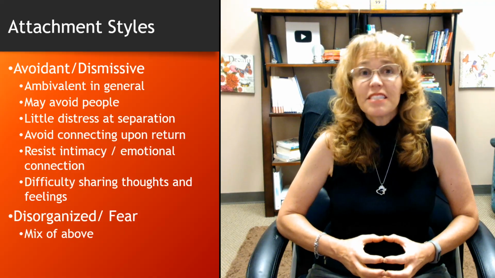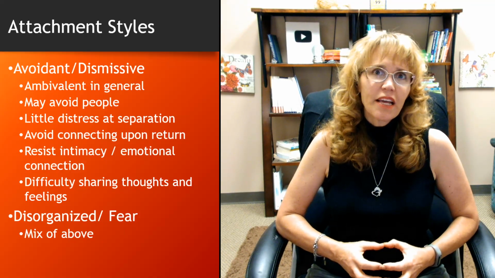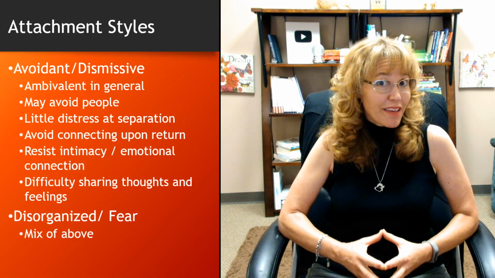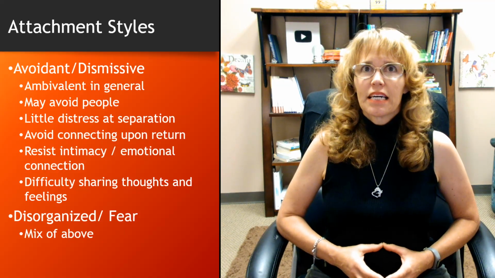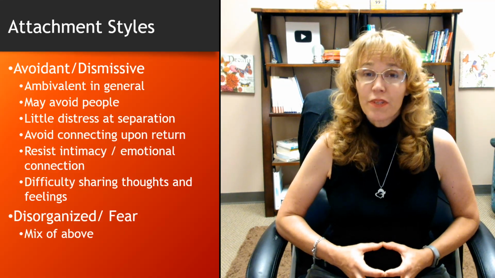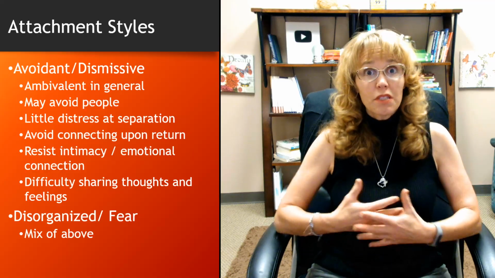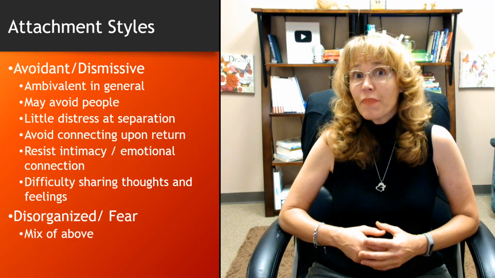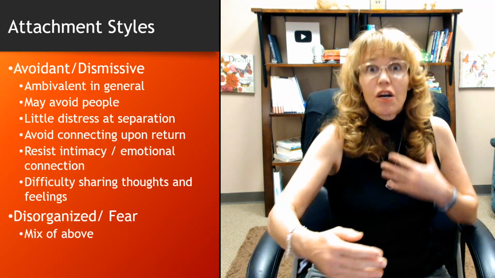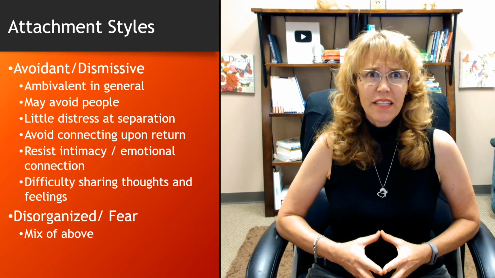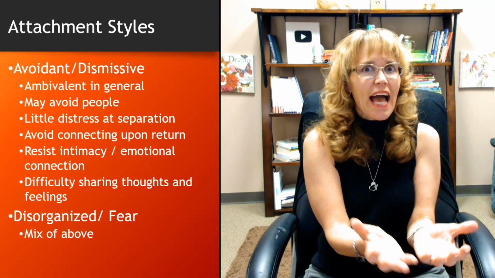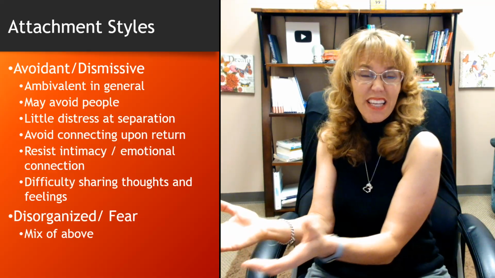They may also have difficulty sharing thoughts and or feelings. This may be because it's been too painful in the past when they've done it, so they have built this huge wall. It may be that they've disconnected from their own thoughts and feelings because it was too painful to have them and not have anybody to share them with.